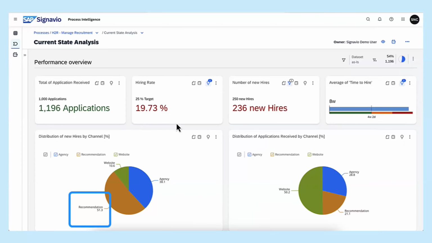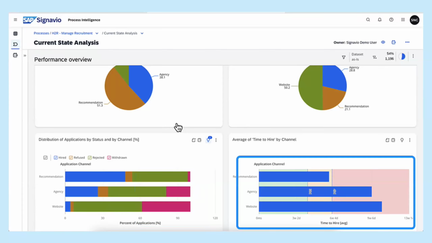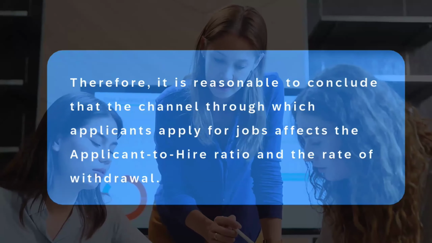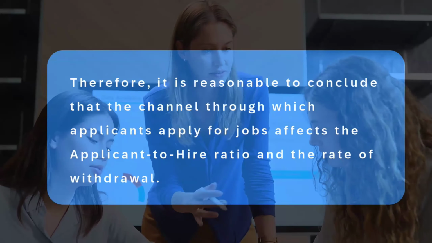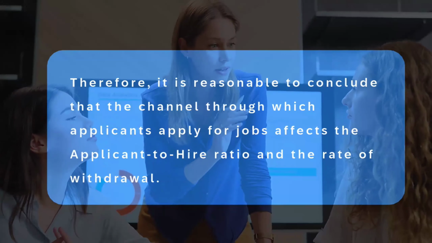This observation aligns with the fact that the percentage of withdrawals is comparatively higher when hiring is done through the website and agency as compared to referrals. The average time to hire is also the shortest for referred candidates. Therefore, it is reasonable to conclude that the channel through which applicants apply for jobs affects the applicant to hire ratio and the rate of withdrawal.